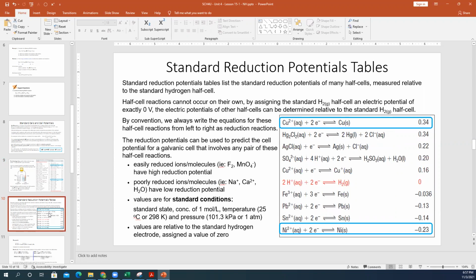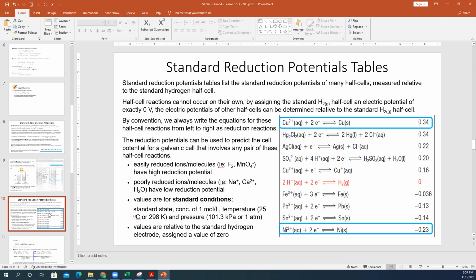So these standard reduction potential tables list the standard reduction potential of many of these half cells. They're measured relative to that standard hydrogen half cell, which we talked about. The half cell reactions don't happen on their own.